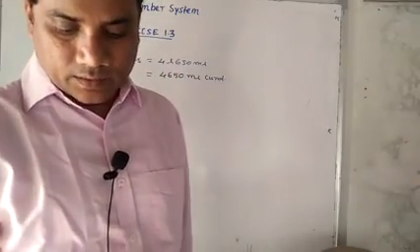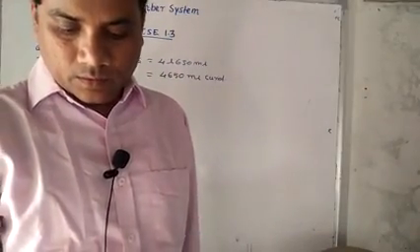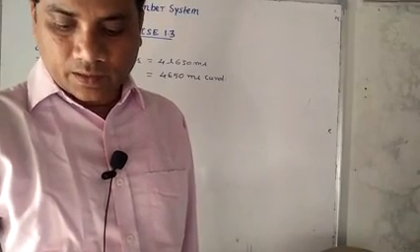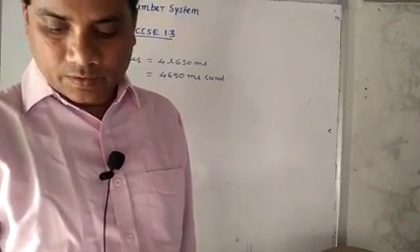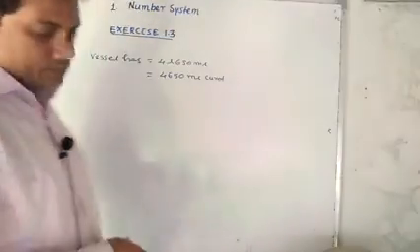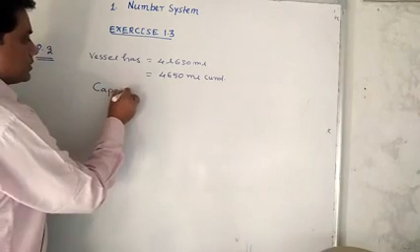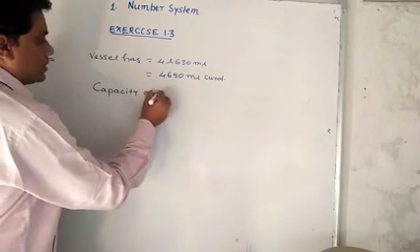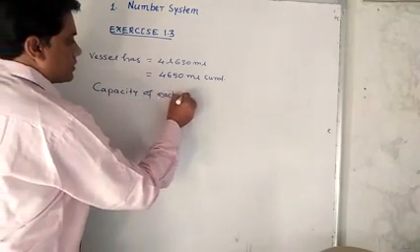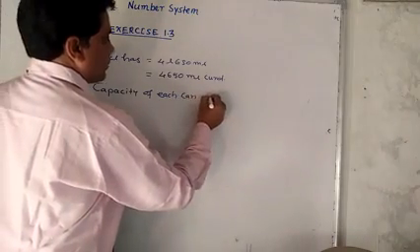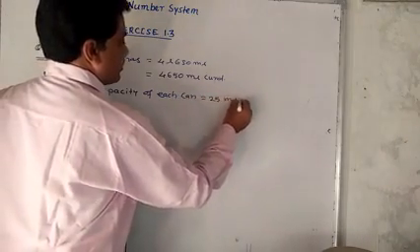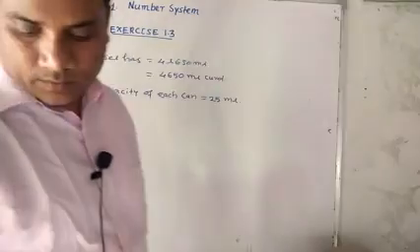In how many glasses, each of 25 milliliter capacity, can the whole curd be distributed? Capacity of each glass is equal to 25 milliliter.